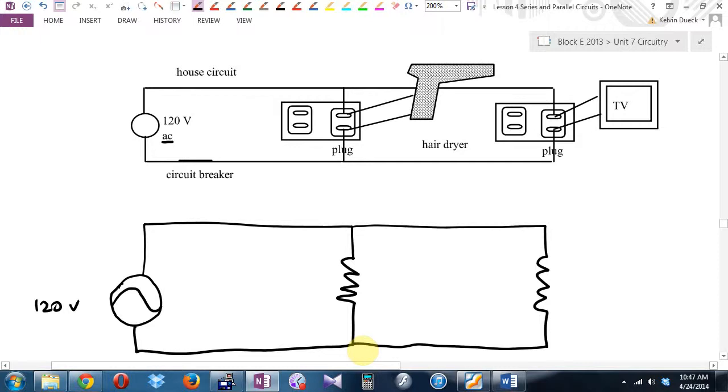What did they tell me about the hairdryer? 1200 watts? And what was the TV? 500 watts. Okay, so here's the information that they gave me. Did they tell me total current anywhere? Nope. Did they tell me anything with two things on it?